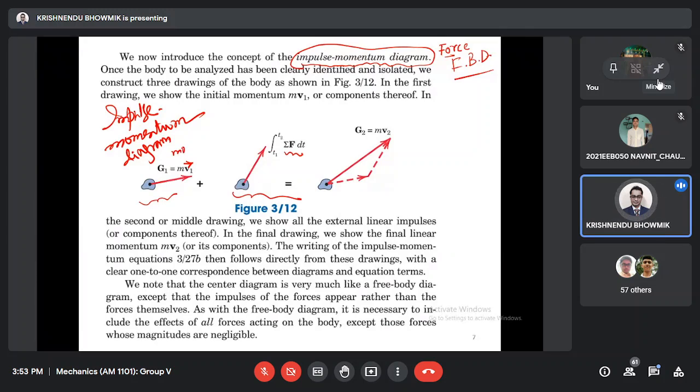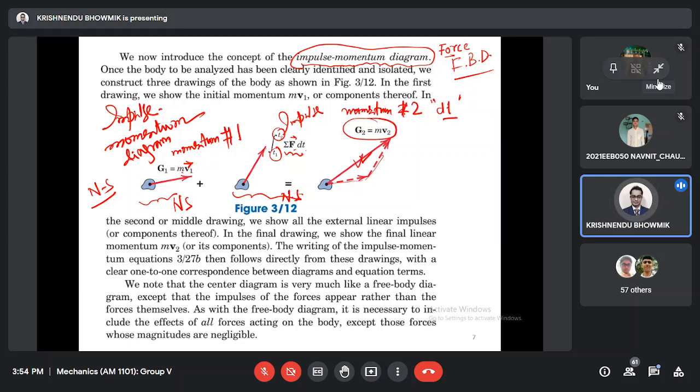This is momentum number 1 initially, then we have added impulse, the integration over t1 to t2 of summation F dt. The unit is Newton second, and this is also Newton second, since F is in Newton and t in seconds. Vectorially we are adding this and this, so the final will be this, the momentum 2.